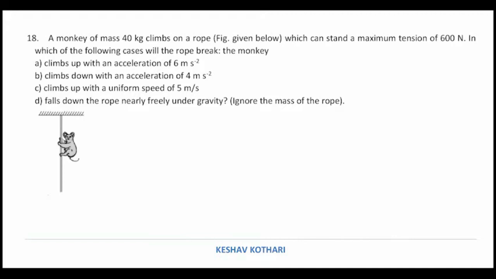So the maximum tension which the thread can bear, T maximum, is equal to 600 Newton. If we start solving it for the individual case, I can solve for the maximum possible acceleration while traveling in the upward direction.